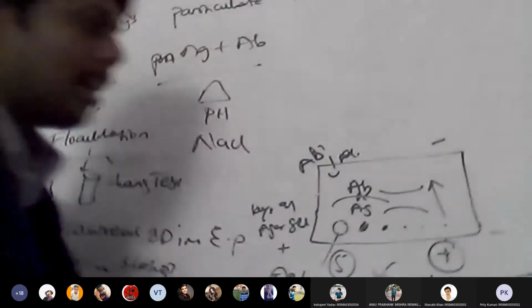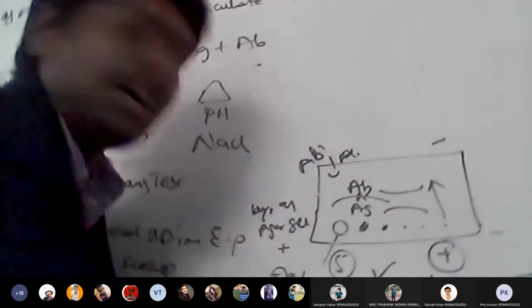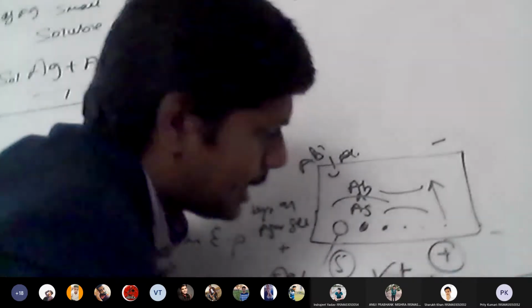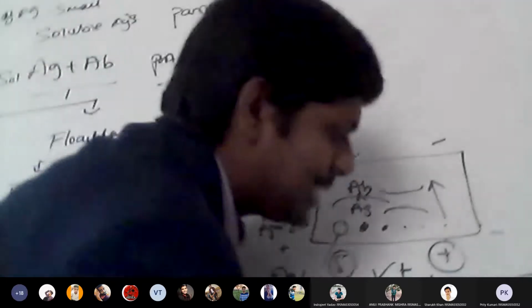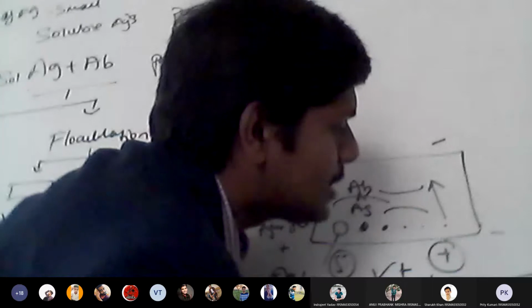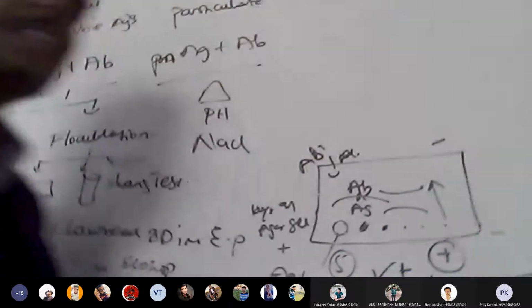Then I keep the patient sample on the slide. Then I apply electricity in this direction, from bottom to top. When I apply electricity, these antigens start migrating into the gel. They form straight curves like this. So they look like a rocket.